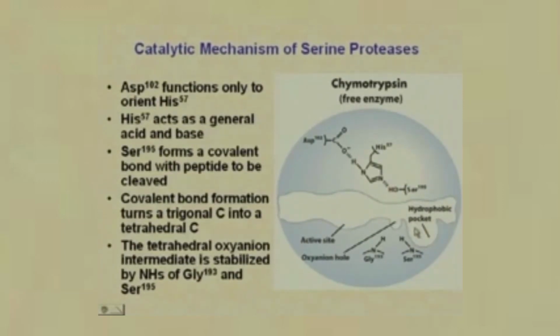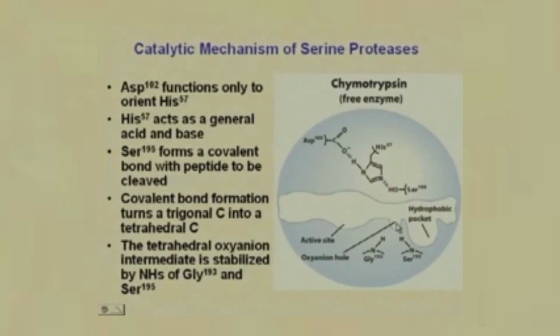Now what is going to be there in the hydrophobic pocket? The bulky amino acid side chain, the carboxylic side peptide bond which is going to be cleaved. This small thing here is what is called an oxyanion hole. We'll see why that is called an oxyanion hole.